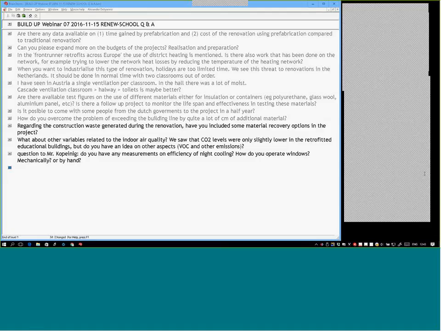I would like to go to the next question about the aspects of VOC and other emissions. Of course, we are measuring this as well. We keep an eye on any chemicals we are using in school renovations, and in our schools we are measuring the quality of inside air before we let the pupils in.